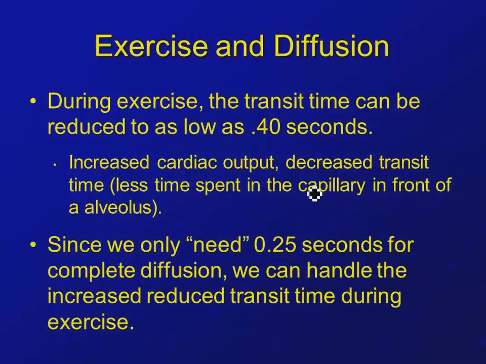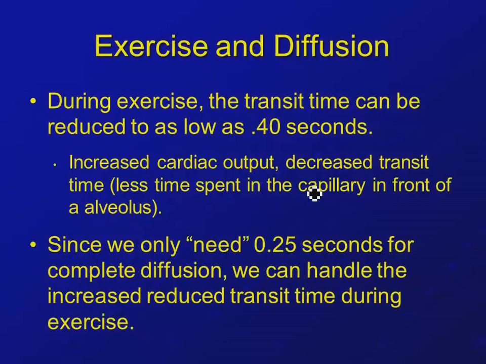Listen closely. As you increase cardiac output, as you increase the flow of blood, the speed at which the blood's going past that alveolus, can you agree with me that the transit time actually goes down? The time spent in front of the alveolus is actually less. If I got my foot on the accelerator driving through the drive-through window, I ain't going to be able to get my french fries. Right?